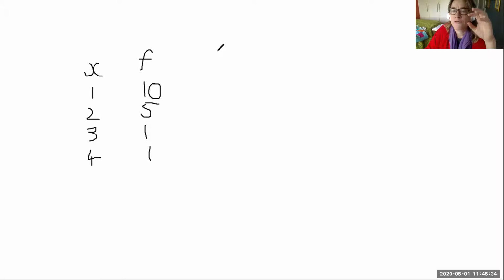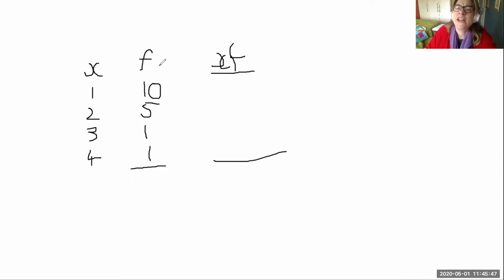And to work out the mean, you multiply each column down, and then you add up these 2 columns, okay? So let's say that we don't know that frequency, okay?